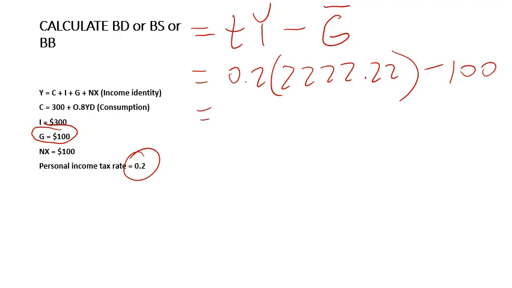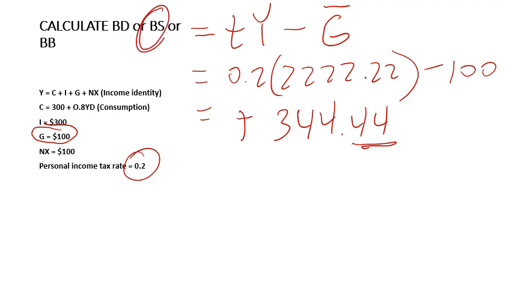So we have a budget surplus in this case, because the number is positive, $344.44 billion. Again, 2 decimal points, I insist. And the question is, so we have a budget surplus, yeah?